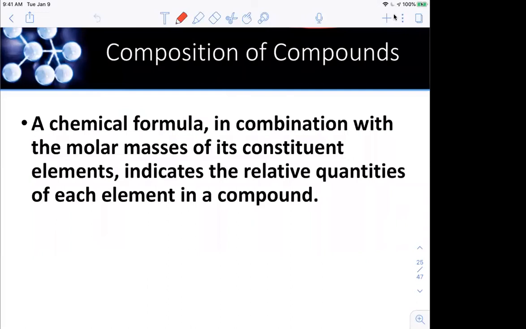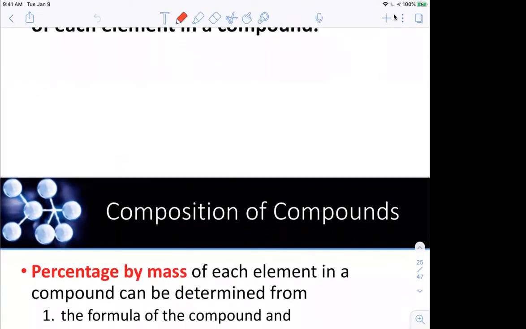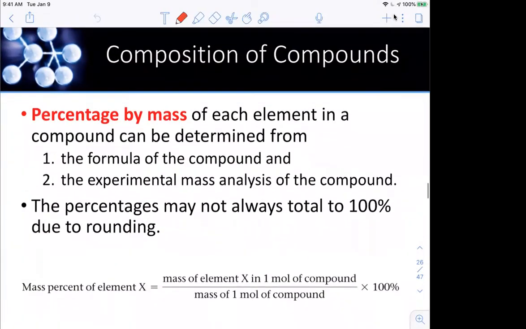All right. So in a chemical formula, in combination with the molar masses of its constituent elements, the subscript also indicates the relative quantities of each element in a molecule. We can use the formula to calculate the percentage by mass of each element in a compound.